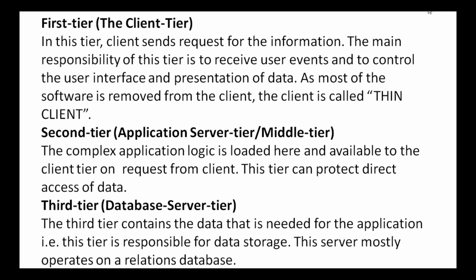At this tier resides the application server, and the programs that access the database can be maintained in this tier only. For a user, this application tier presents an abstracted view of the database. That means users are unaware of the existence of the database beyond the application.